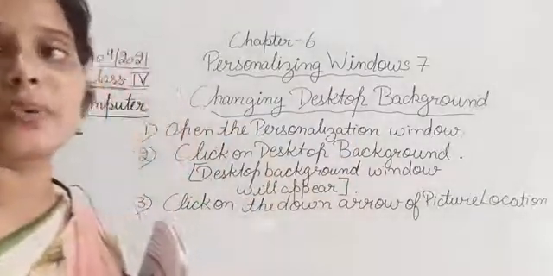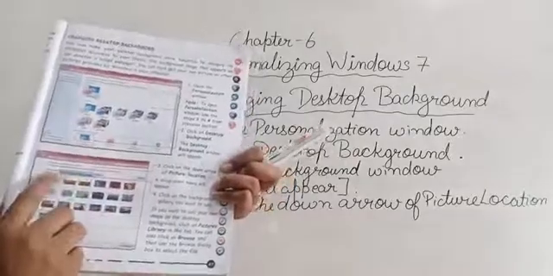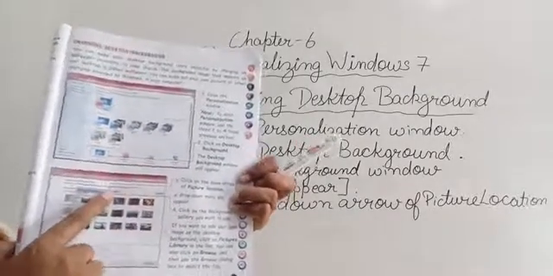Then you have to click on the down arrow of picture location. So click desktop window, then click on the picture location के जो down arrow है, so you have to click here.